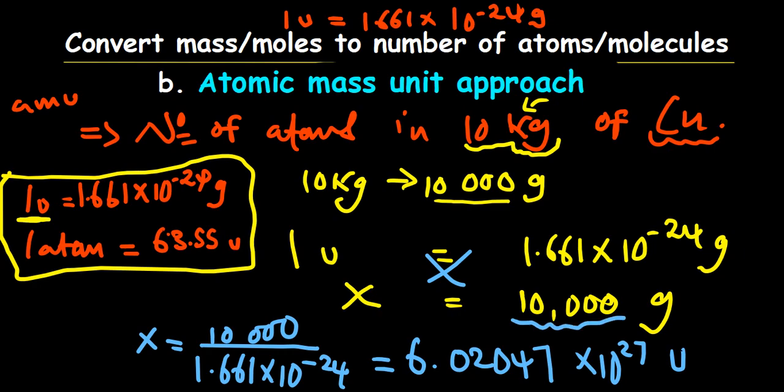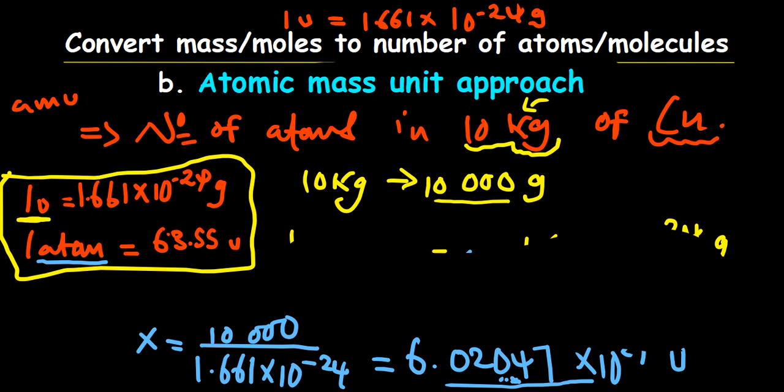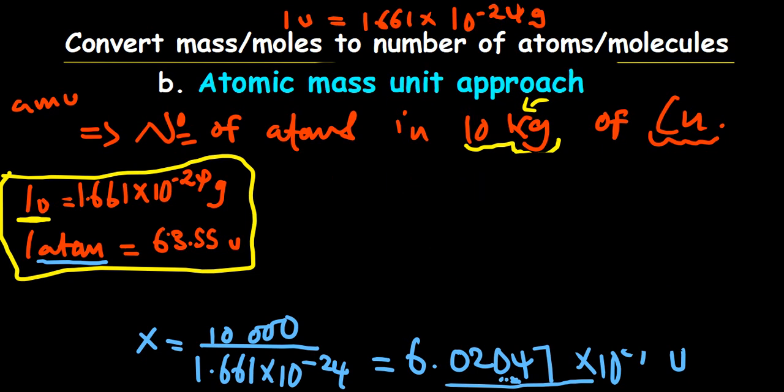So we've converted this mass in grams to atomic mass units. Now we can use these atomic mass units to find the number of atoms, using this relationship here. Using that other relationship we've been given, one atom is the same as 63.55 units of this copper.